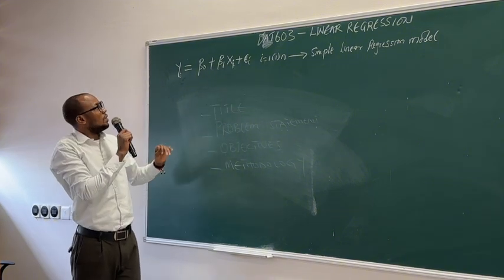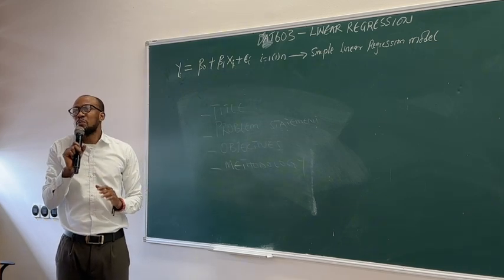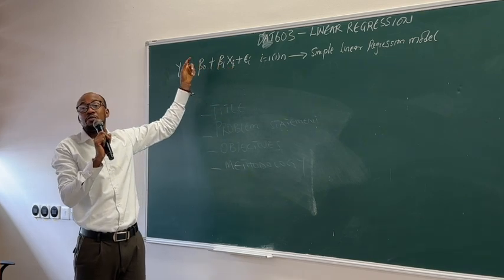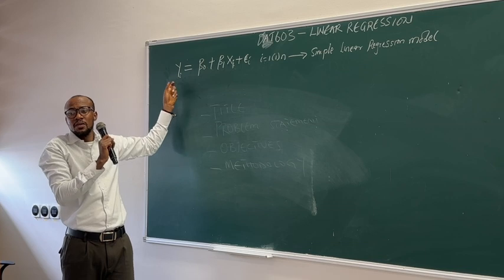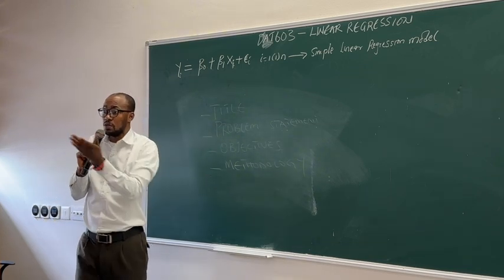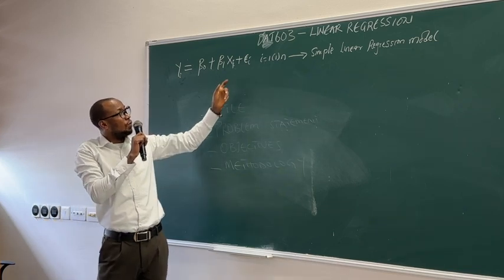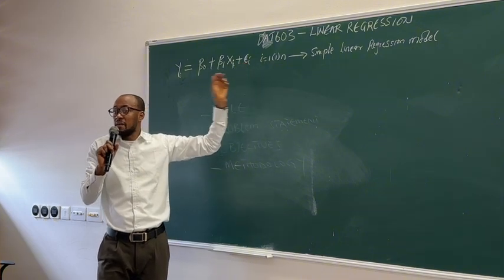Because we are also aware that it is not possible for just one variable to explain all variations that will occur in y, because we believe there should be some other variables that influence y, but we don't know them, or we assume that we don't know them. So we include this epsilon, which is known as the stochastic error term.